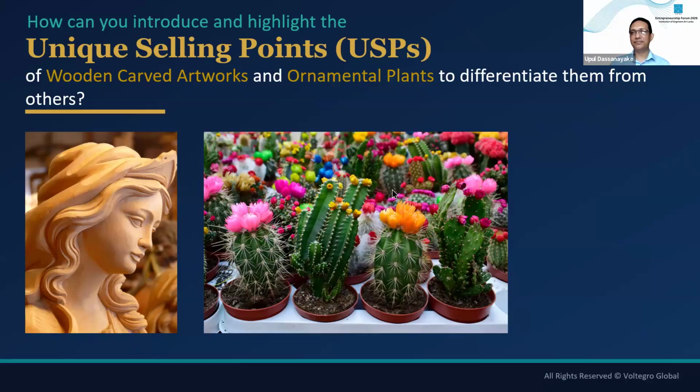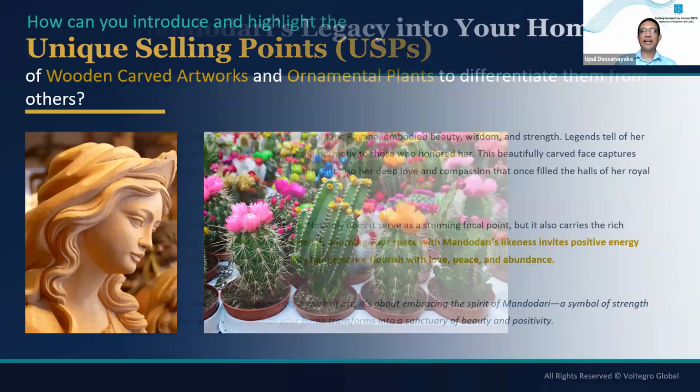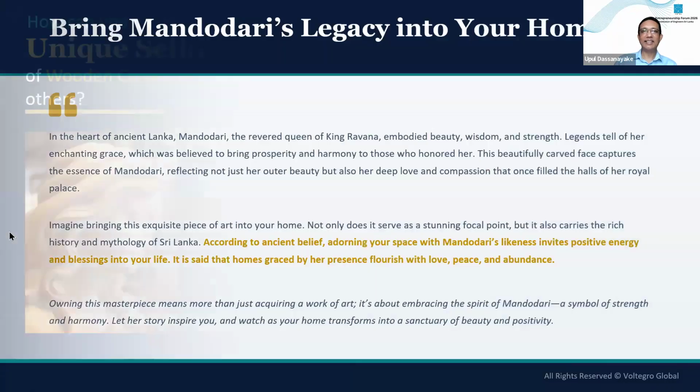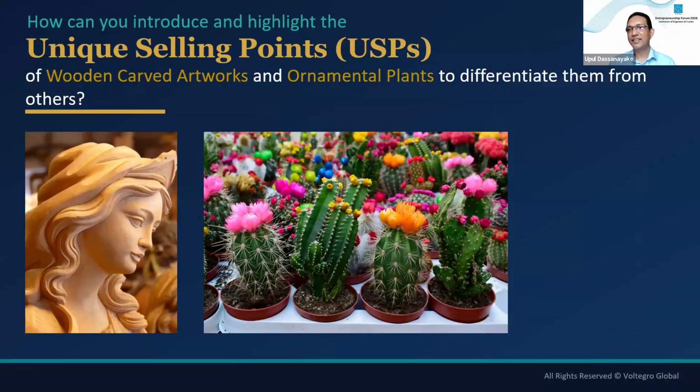So that's the reality. So what I said was, for this, you find a nice picture of a woman like this and carve it onto a piece of wood and say, this is Ravana's wife.